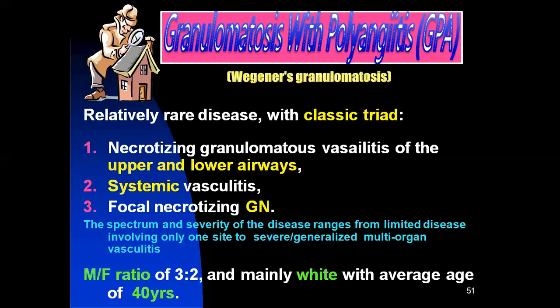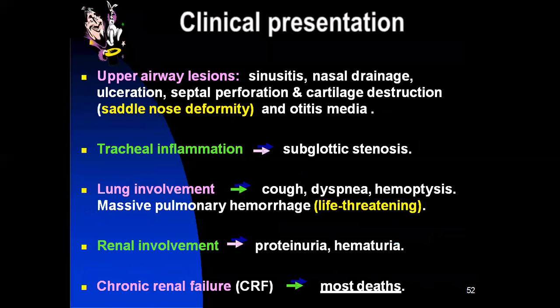So it's more common in males as compared to females, and mainly white people with an average age around 40 years are affected. Clinical presentation: it's affecting the upper airway arteries. So what we find is sinusitis, nasal discharge, ulceration, septal perforation, and cartilage destruction. Saddle nose deformity is found.